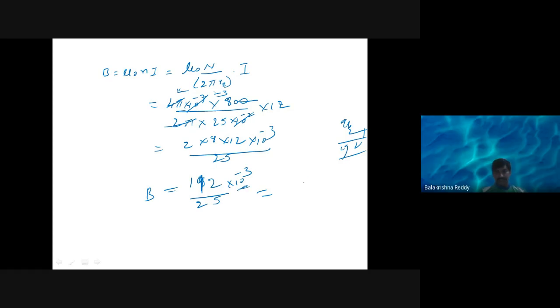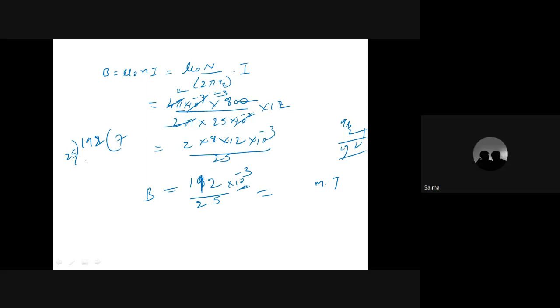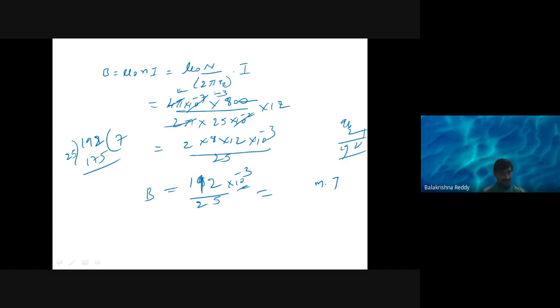This we will consider as milli Tesla. So 192, if you consider with respect to 25, 25 times 7 is 175.